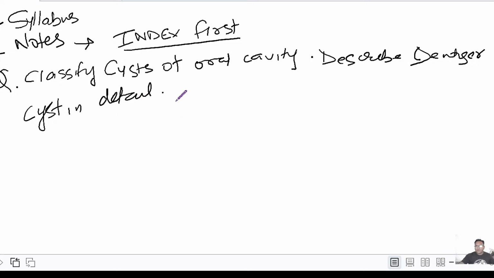What we will do is write the index first.